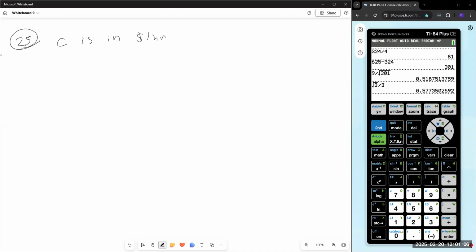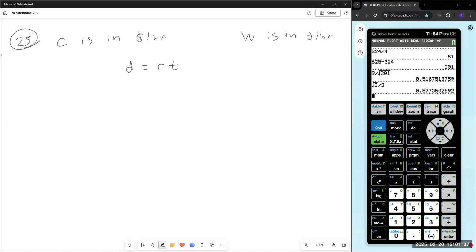I know that's a rare unit for cost for fuel. We would normally say dollars per mile or something like that, but it's already calculated in dollars per hour. And W, the wages for the driver, are also in dollars per hour. So they made them the same kind of unit so we can easily add them together. We're going to need the formula here that distance is equal to rate times time.